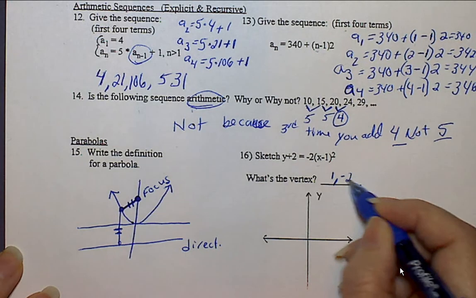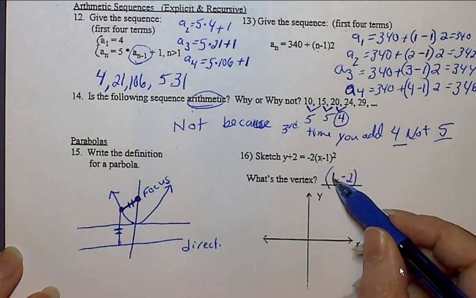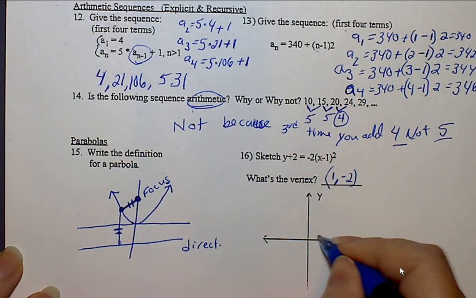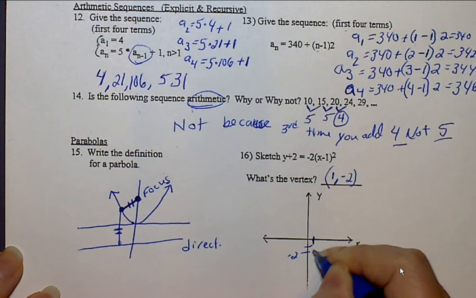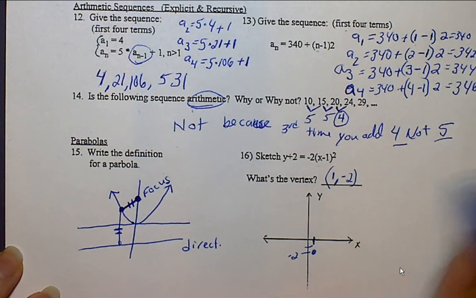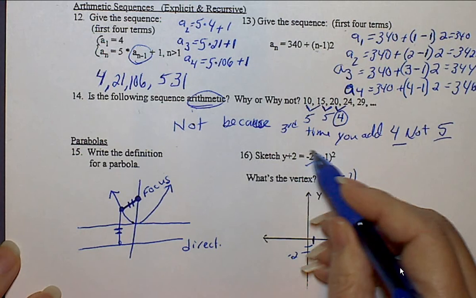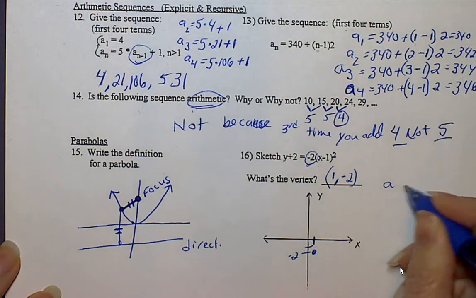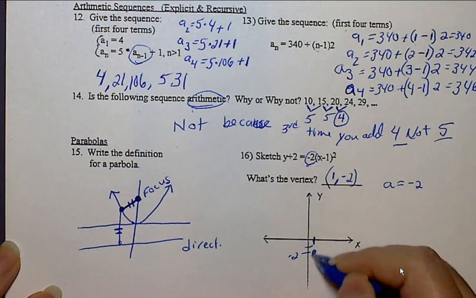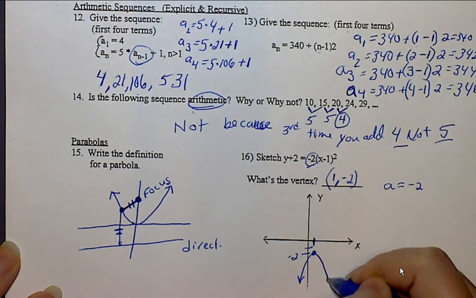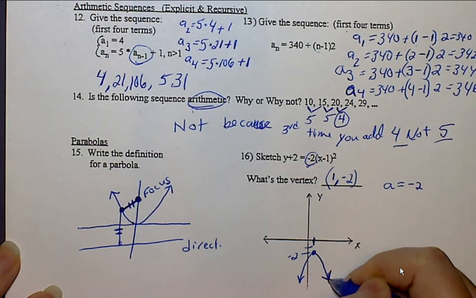So my vertex is 1, negative 2. So I have 1, and negative 2. That's my vertex. Looking at a tells me if it opens up or down. Since a equals negative 2, it opens down. If a were positive, it would open up.